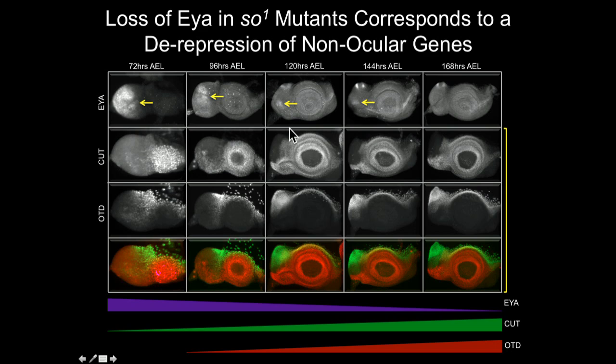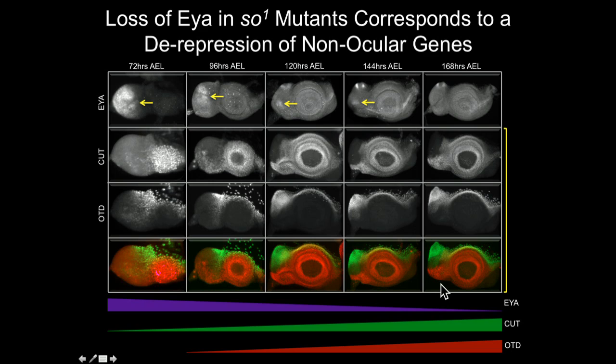At 120 hours, which is the first time point in which I would find any discs that had no Eyes absent expression at all, Orthodenticle and Cut had both expanded. And then finally at 168 hours, which is incidentally the time point at which we did our QRT-PCR analysis and our expression analysis, Cut and Orthodenticle have expanded to cover the entire eye disc.